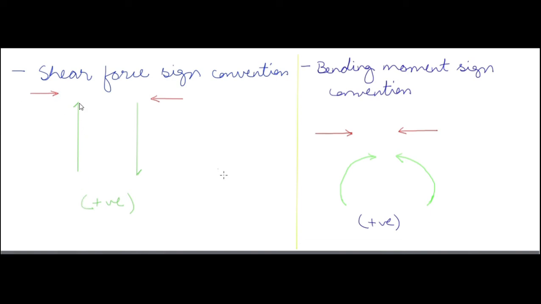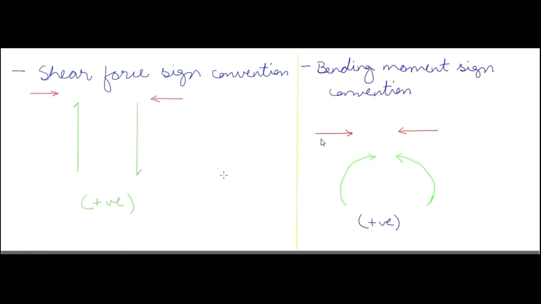Similarly, the bending moment sign convention is, if you're taking from the left, then anti-clockwise is positive, and if you are taking from the right, then clockwise will be the positive bending moment. So the sign convention for bending moment is anti-clockwise for the left and clockwise for the right.